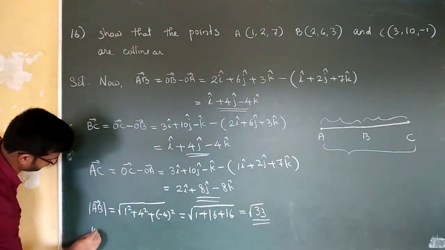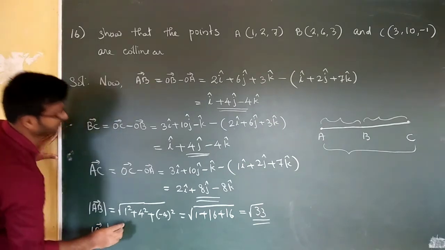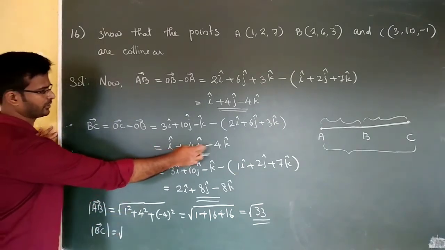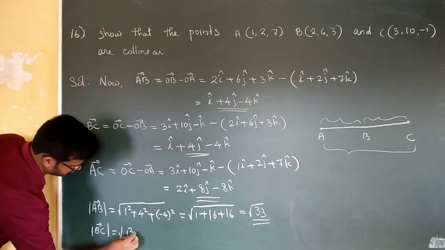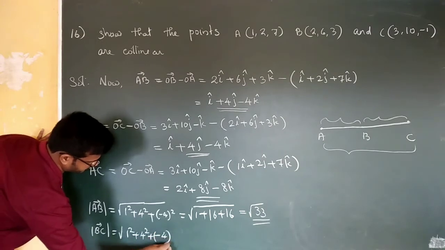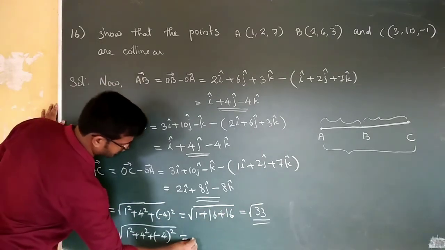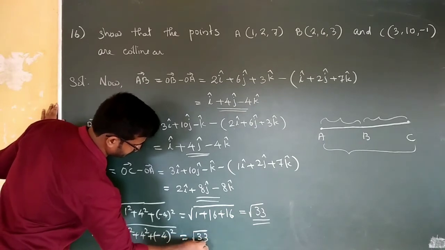Magnitude of BC: square root of 1 square plus 4 square plus minus 4 square, that also will get root 33.